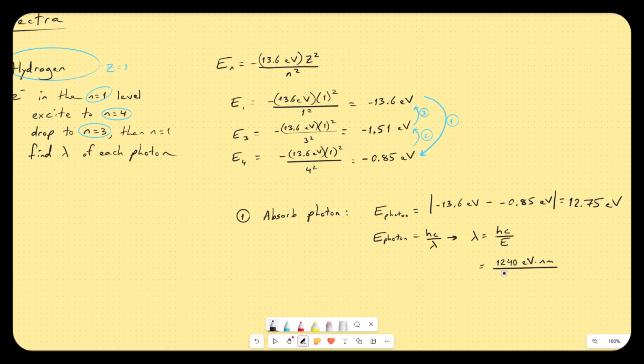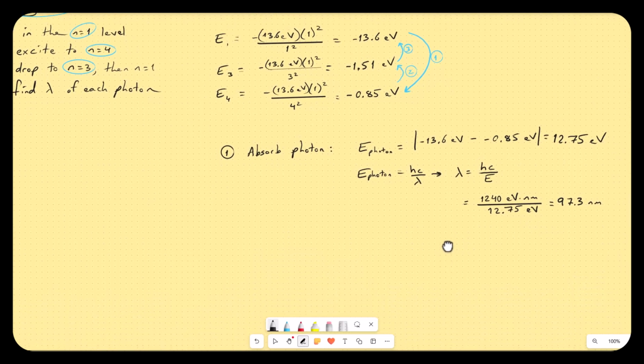That was my shortcut from before, over 12.75 eV, and that works out to be 97.25. So we'll say 97.3 nanometers. That's my first photon that I'm going to have to absorb.